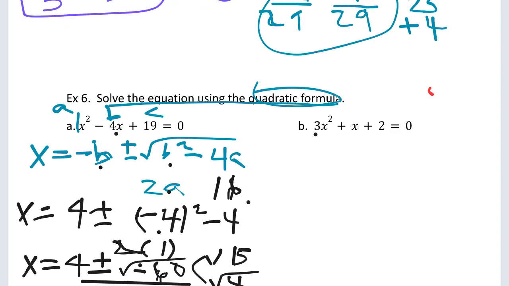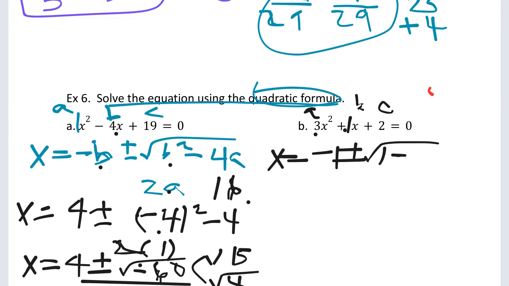Part B, same process. a is 3, b is 1, and c is 2. x equals the opposite of b, negative 1, plus or minus the root of 1 squared, which is 1, minus 4 times 3 times 2.